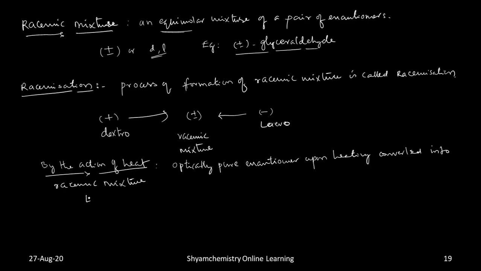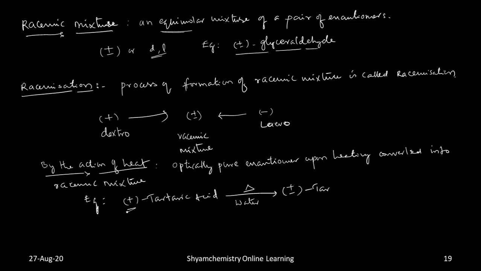Okay. For example, optically pure plus tartaric acid upon heating, taking water as the solution, we will get plus minus, where plus minus means it is a mixture of dextro and levo.